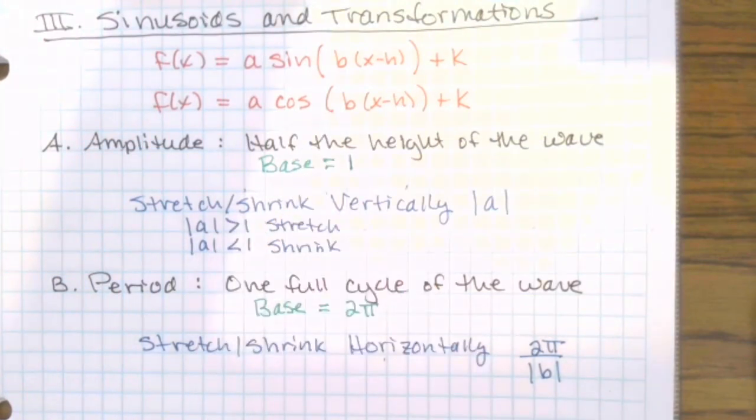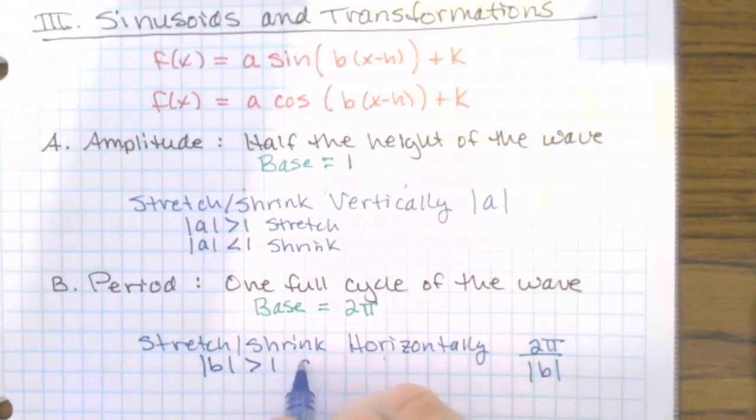So remember that when it's inside the parentheses with the b, it's always backwards. So if the absolute value of b is greater than 1, it's a shrink. If the absolute value of b is less than 1, it's a fraction, it's a stretch.